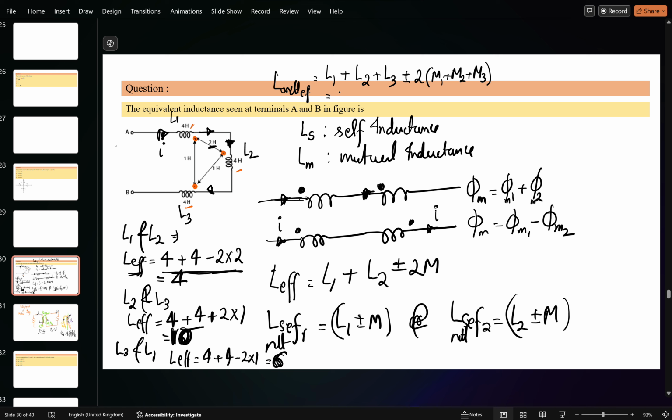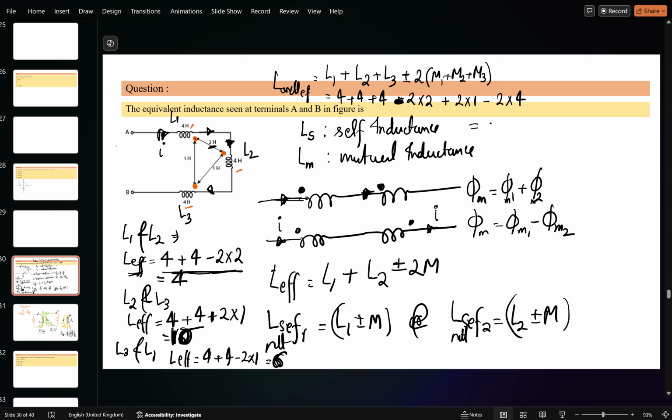Similarly, L1, L2, L3 will come out to be 4 plus 4 plus 4 plus 2 times of, in the first circuit it was subtracting, that is minus 2 times 2. L2 and L3 it is adding, basically 2 times 1. In L1 and L3 it is subtracting, basically 2 multiplied by 4.